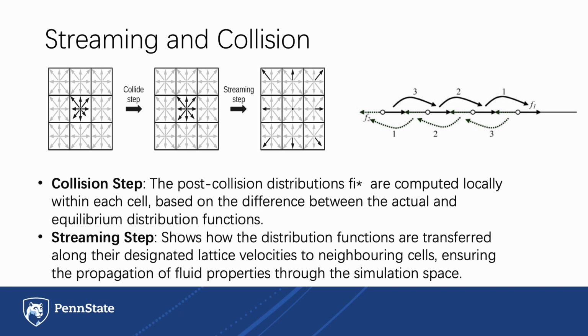So this step asks how the molecules, or the system, are approaching equilibrium. And the next step, the streaming, asks: now that we updated the distributions, how does this information propagate in the system?